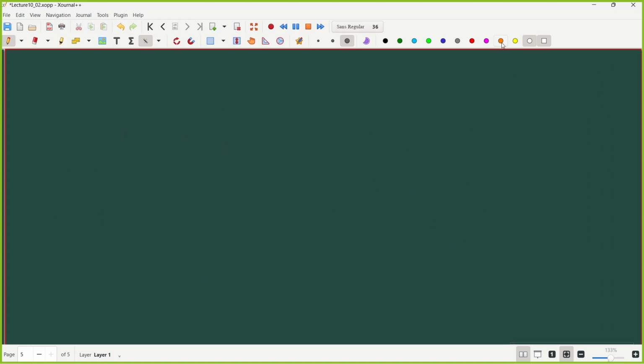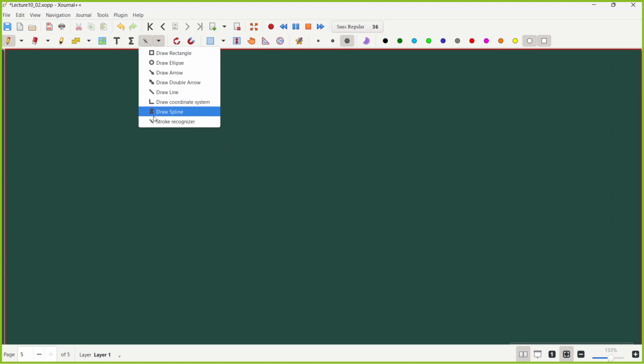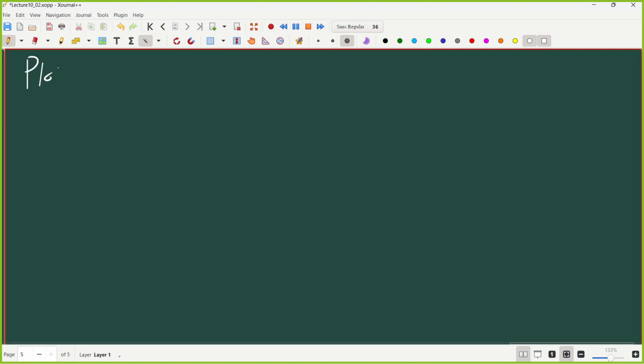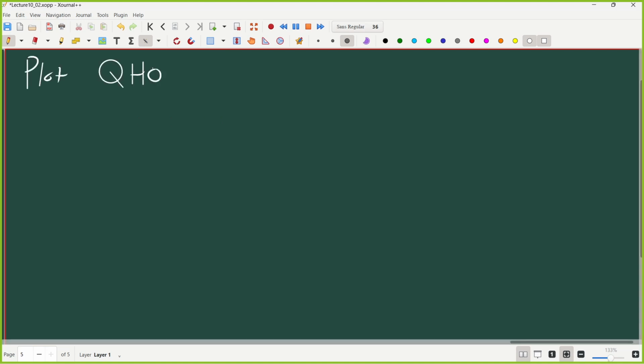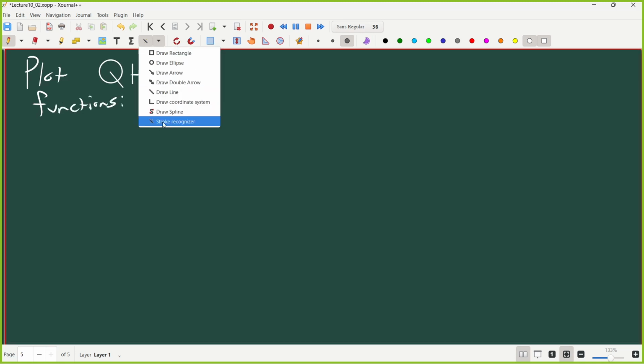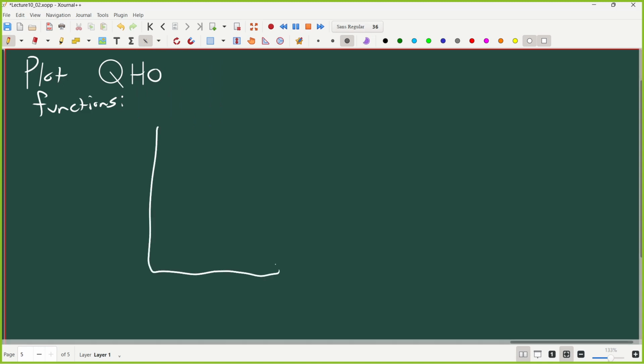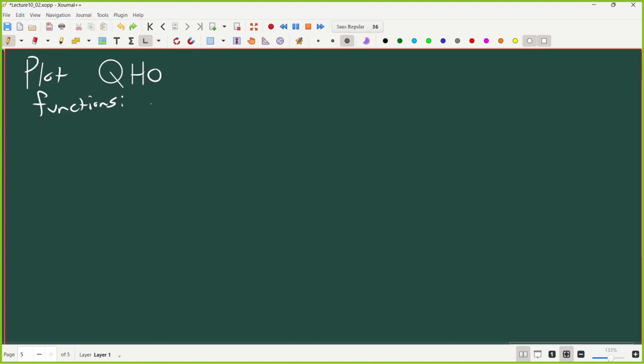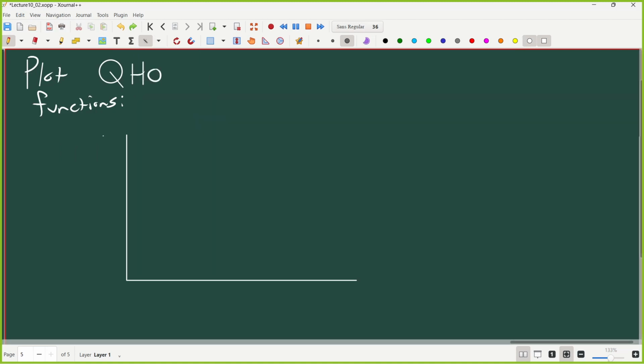So the way I'm going to plot these, I'm going to draw my coordinate system. I'm going to plot energy on this axis and displacement on this axis.